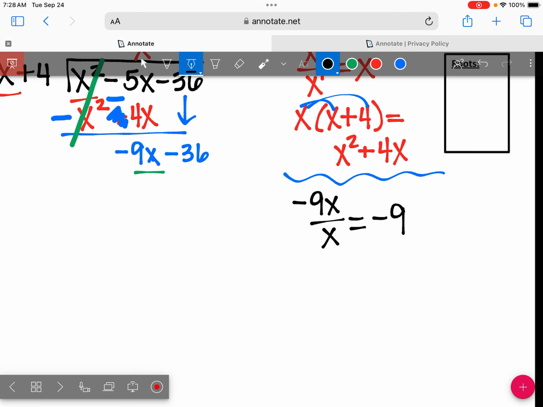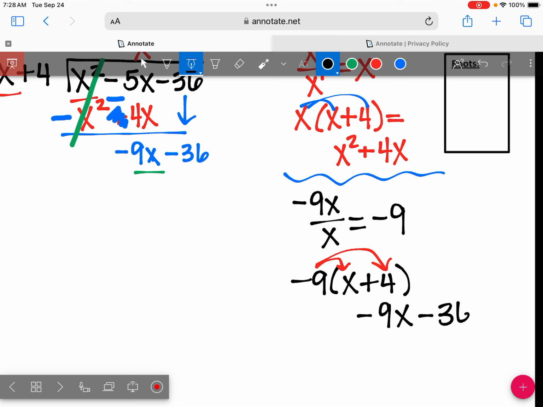And then you're going to take the -9 and multiply that by x plus 4. So -9, multiply that by x plus 4, you get -9x minus 36.